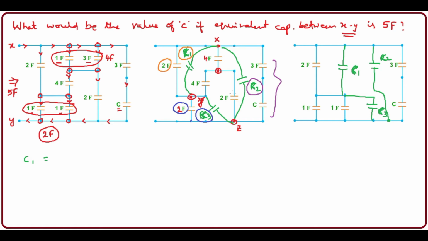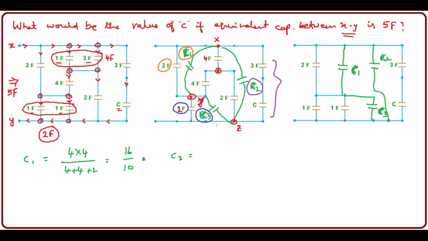But here the formula should be reversed. How will it be? Multiplication of connected capacitors divided by the sum of the capacitors, which is 4 into 4 by 10, equal to 16 divided by 10. Okay, let us keep it like that only.